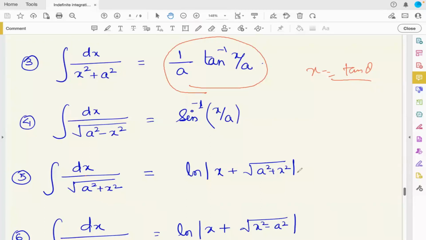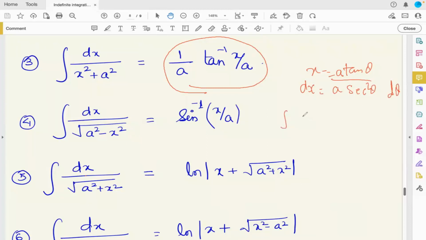And you have to try one or two others on your own. So if we substitute x is equal to a tan theta here, so what we get, x is equal to a tan theta, right? So what is dx actually? Our dx looks like a sec square theta d theta, right?